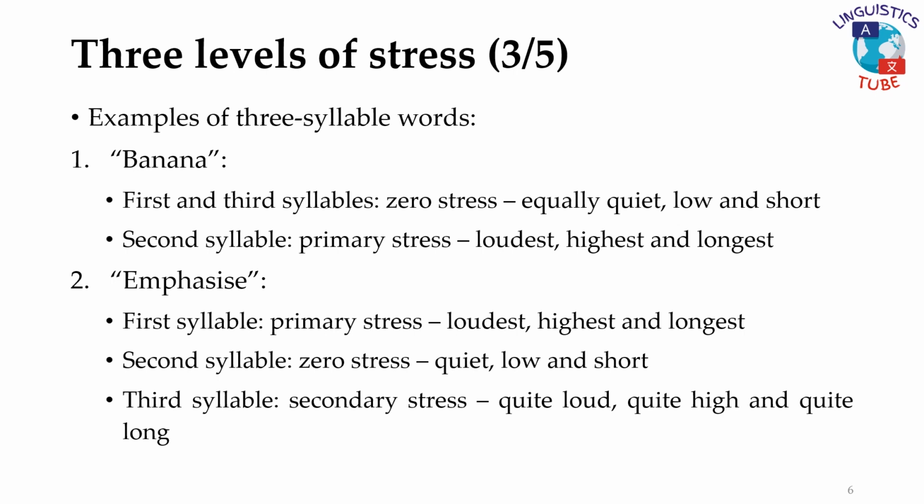Finally, the third syllable has secondary stress because it is quite loud, quite high, and quite long. However, it is less loud, less high, and less long than the first syllable, which has primary stress.